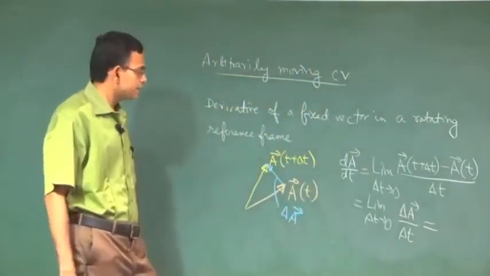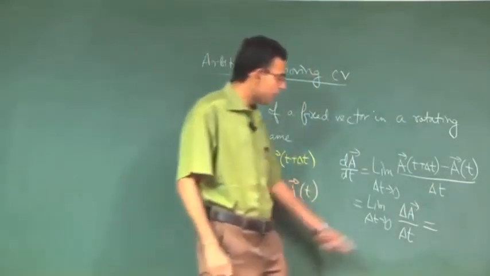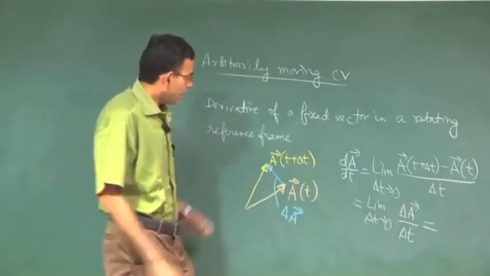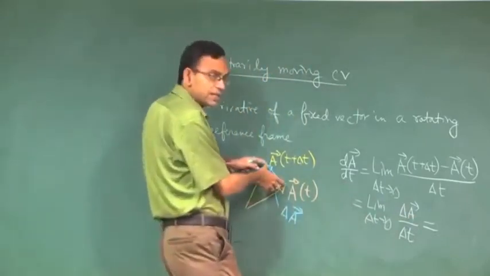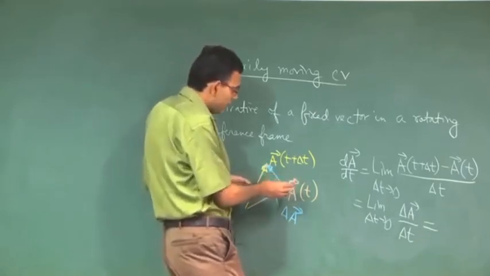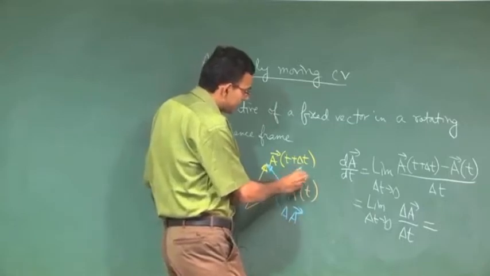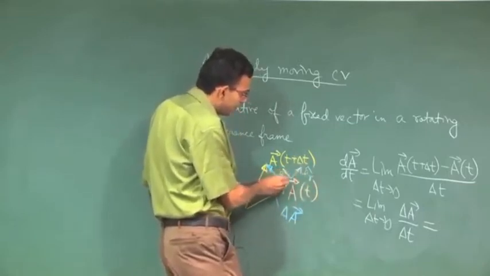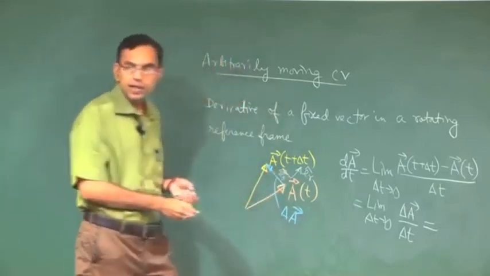Then we can write this delta A as the magnitude of this times the unit vector in this direction. So let us say that this is ER, the unit vector along the R direction, and this is E theta, the unit vector along the theta direction.